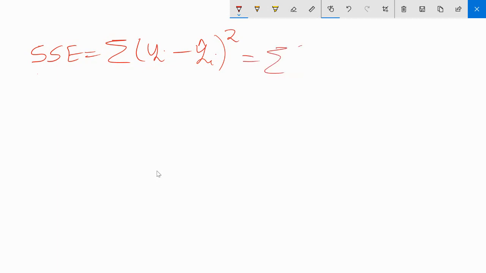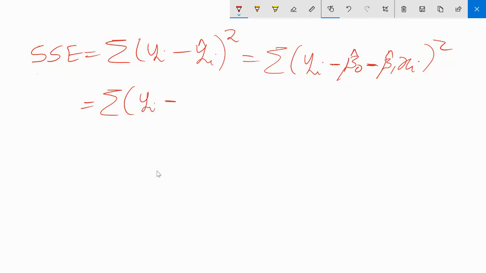And we know that our yi hat is nothing but beta 0 hat plus beta 1 hat xi, and beta 0 hat is equal to y bar minus beta 1 hat x bar, all squared.